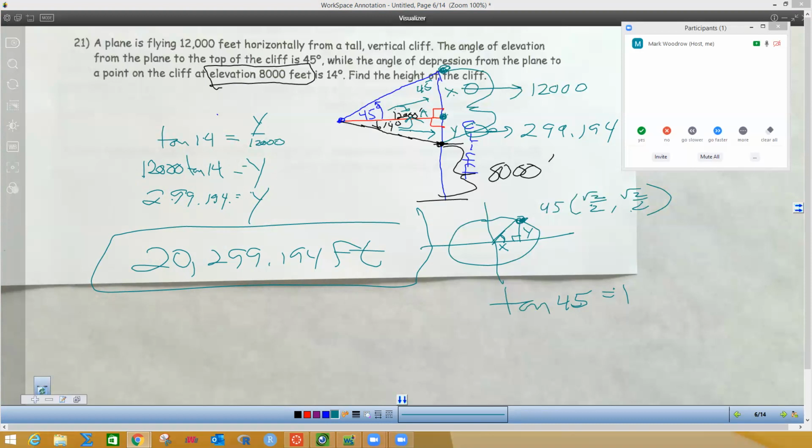How tall is Mount Everest? 29,032 feet. So this cliff is just 9,000 feet, well, actually 8,701 feet shorter than Mount Everest. That's pretty tall.